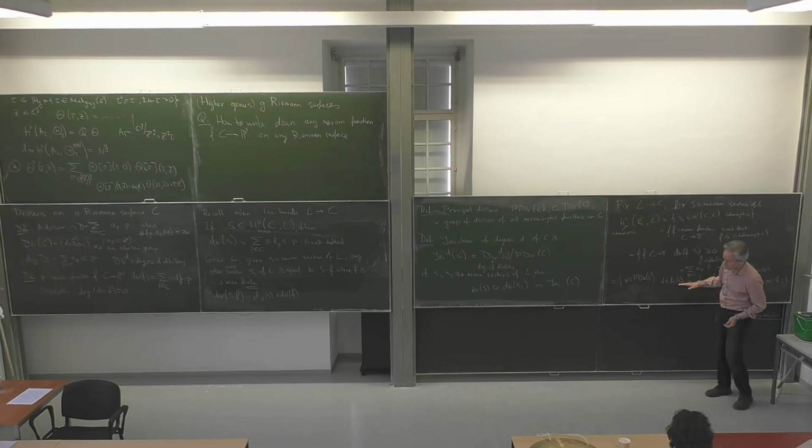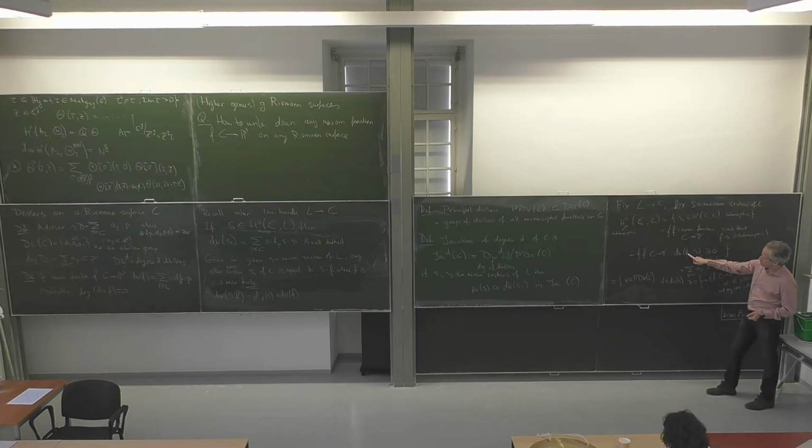So what does this statement say? It says that this thing should only have zeros, should have no poles. So whenever S has a pole of order 5, f must have a zero of order at least 5. On the other hand, if S has a zero of order 10, f is allowed to have a pole of order up to 10. Okay? That is just language. Okay?